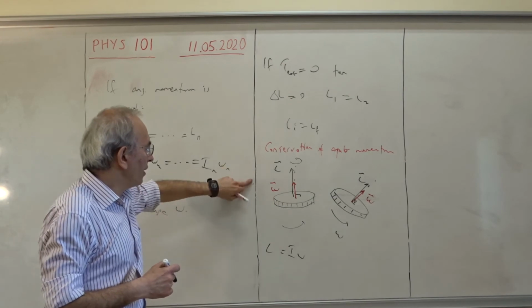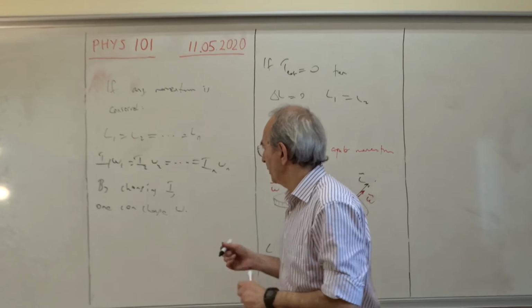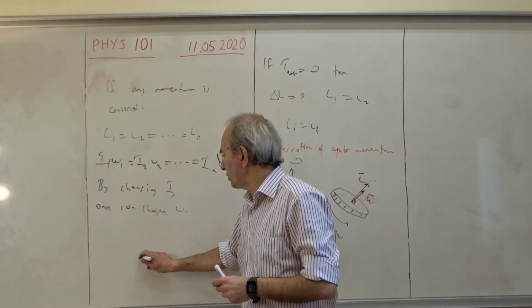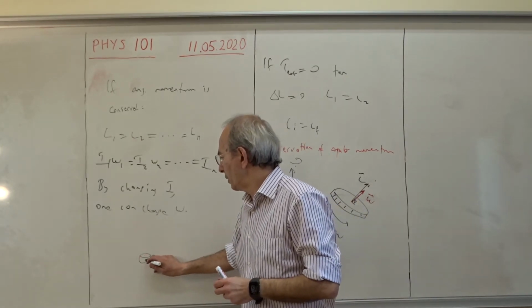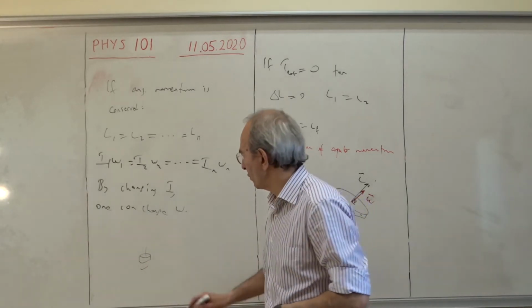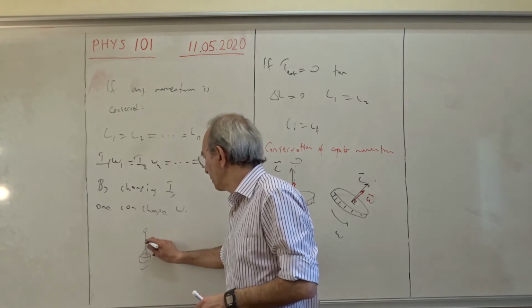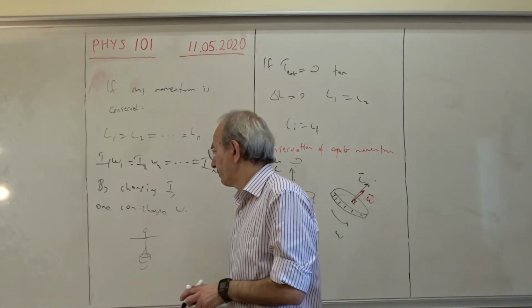For example, if you have a turning chair, let's say this is a disc, but that disc can rotate clockwise or counterclockwise, and you are standing on top of it.